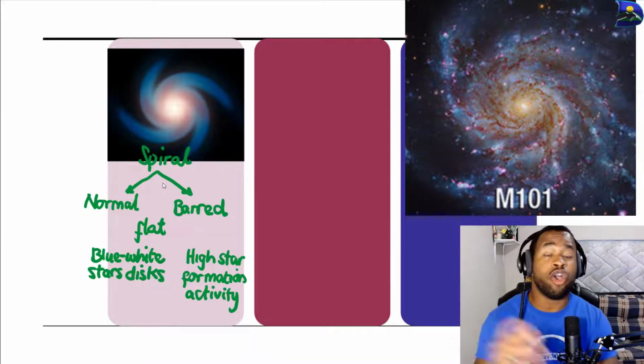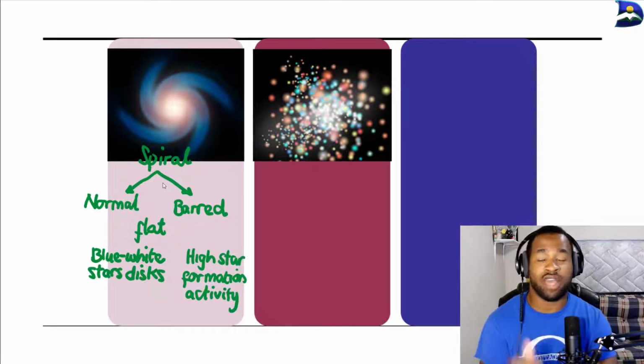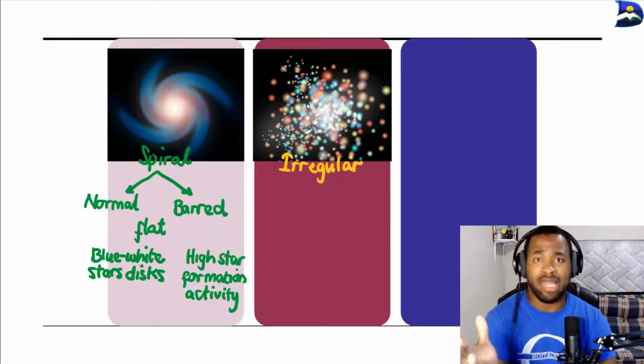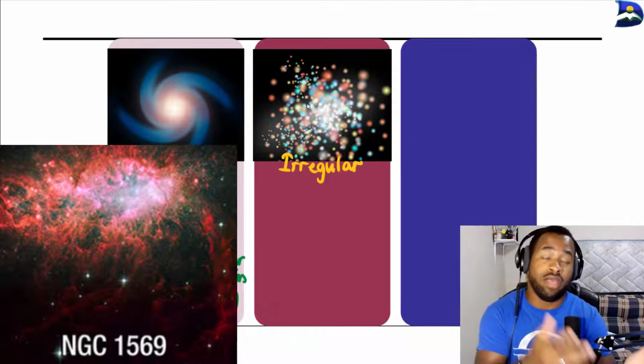Now, this is in contrast to another type of galaxy in terms of the structure, as we see in this image right here, which is known to be called what? Irregular, mainly because it is neither a spiral nor the last one, which we're going to talk about very soon.